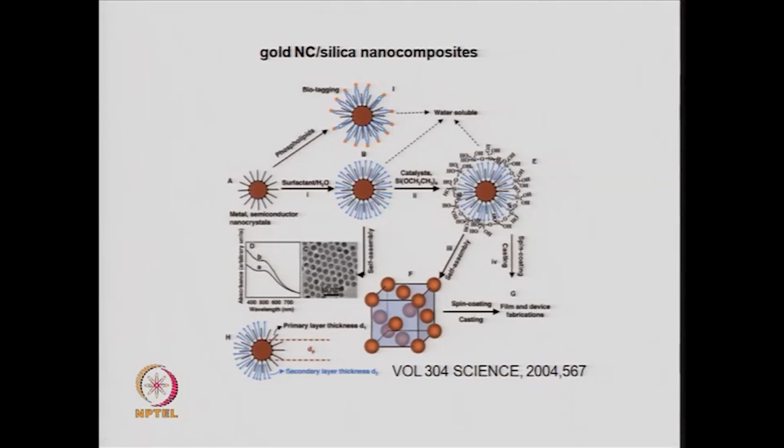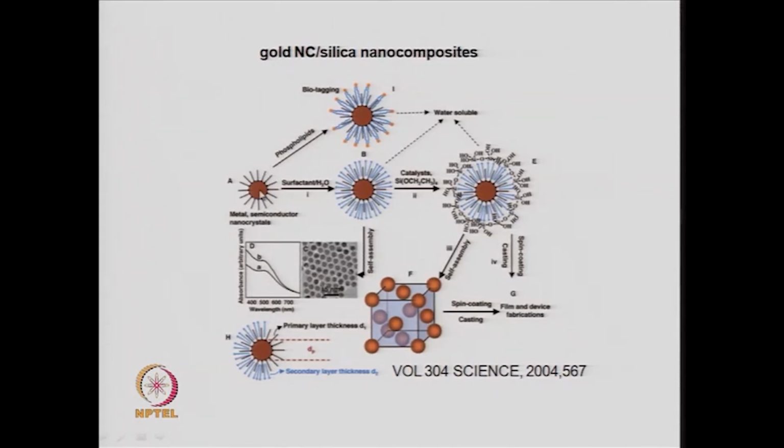Now, this is another example, an example of gold nanocrystals on silica. So, here the nanoparticles are of gold and they are crystalline nanoparticles, and the matrix is silica, that is SiO2, and together they form nanocomposites. And so, what you do is you start with your gold, which can be metal.